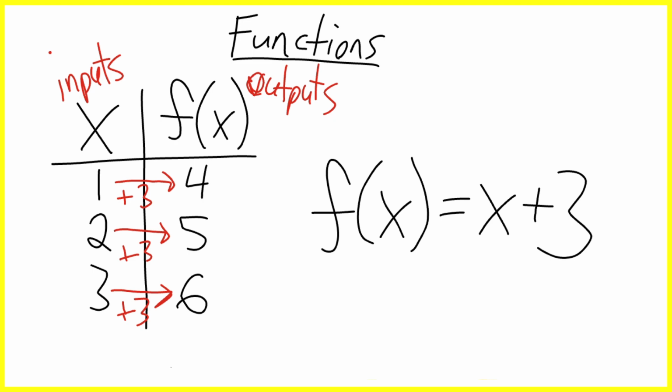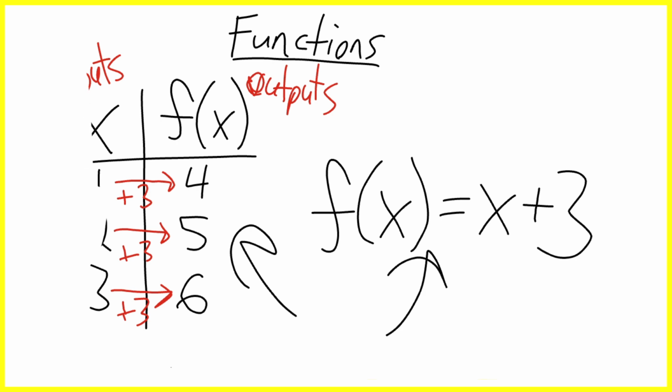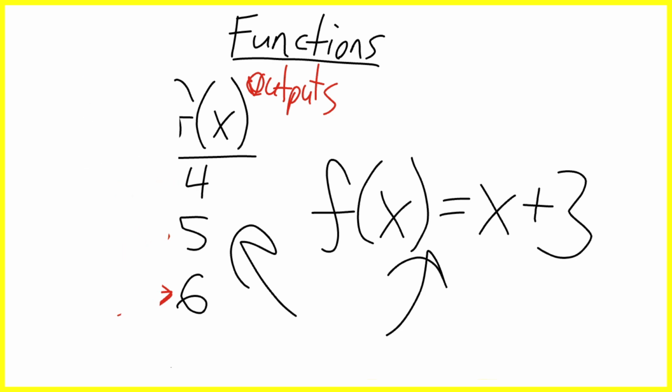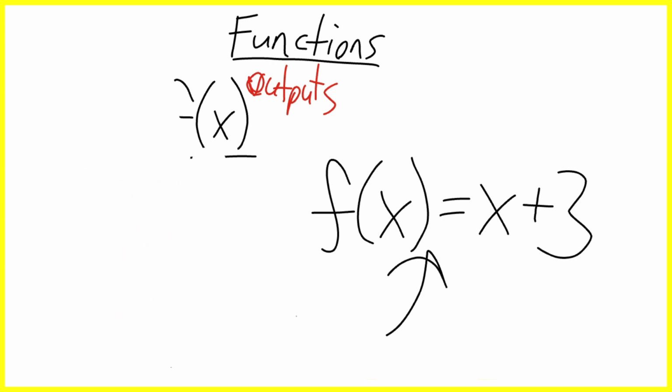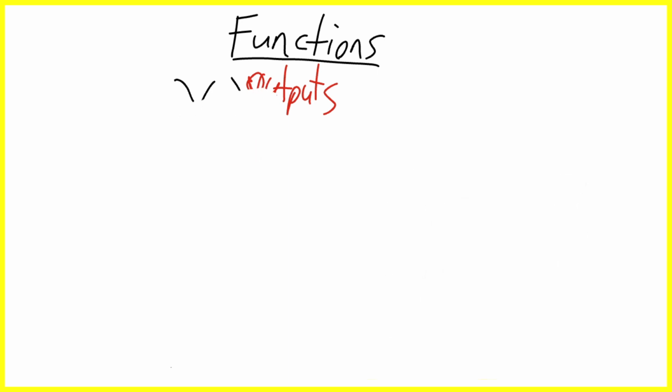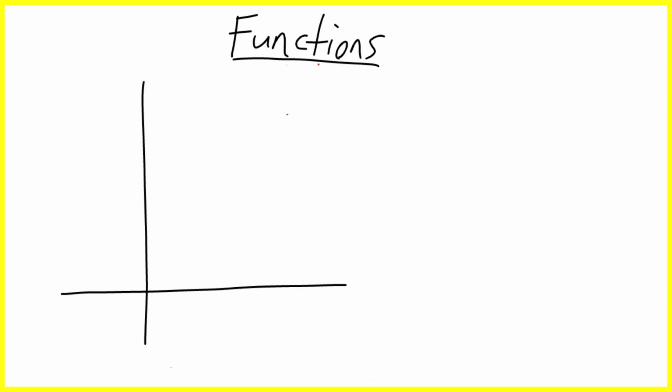So we can see the connection between how functions are represented through tables of values and how they're represented through equations. Last step here, we're going to see how functions can be represented as a graph, the xy coordinate plane.